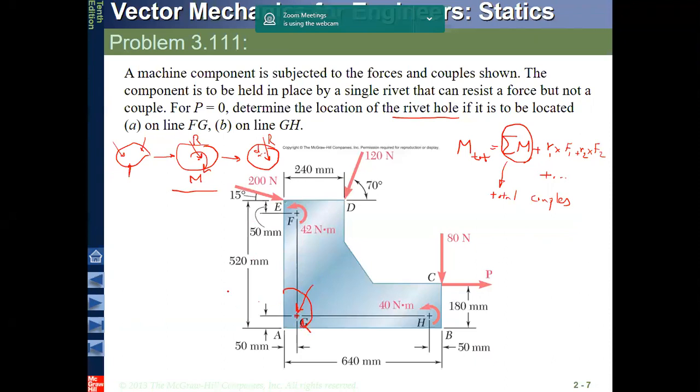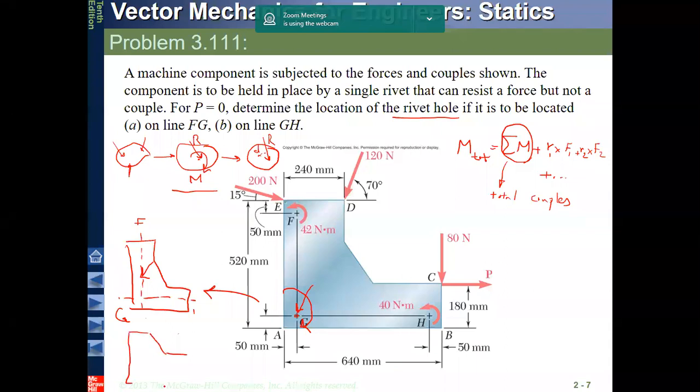And when I want to go to the third system, I would simply move this force on line FG or on line GH to eliminate the moments.